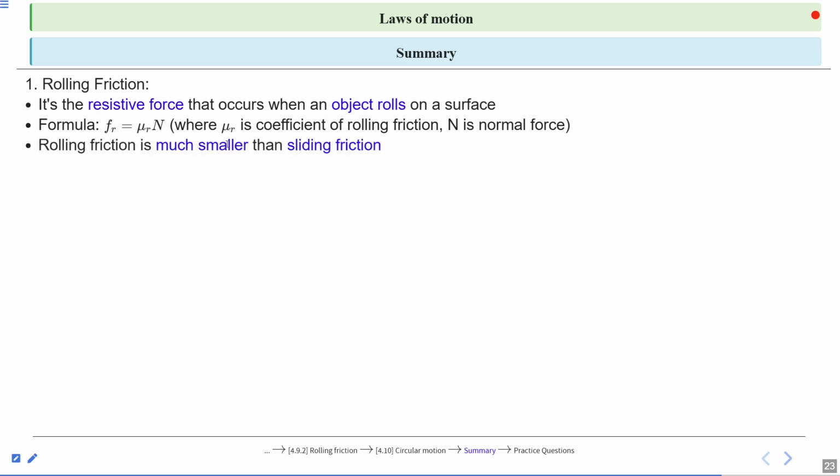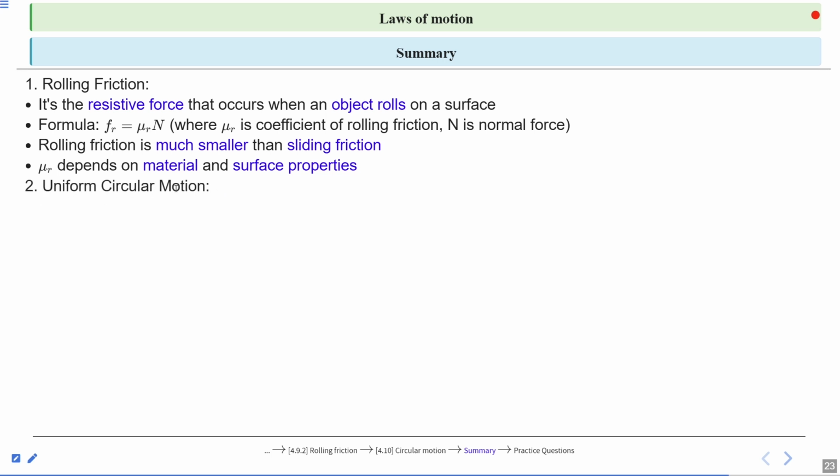Rolling friction is much smaller than sliding friction. Mu r, the coefficient of rolling friction, depends on material and surface properties. If the material and surface property is changed, mu r will also change.